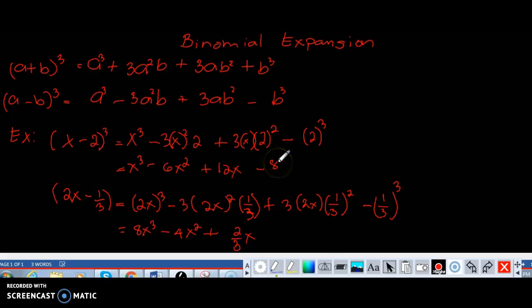Now you may need to have a really good command of your fractions here. If you're not allowed to use a calculator, then you'll just have to practice. All right, minus 1/3 cubed, meaning you cube the 1, you cube the 3, so you have 1/27. So that is your simplified form. Now we will go over to the one that is similar to your problem.